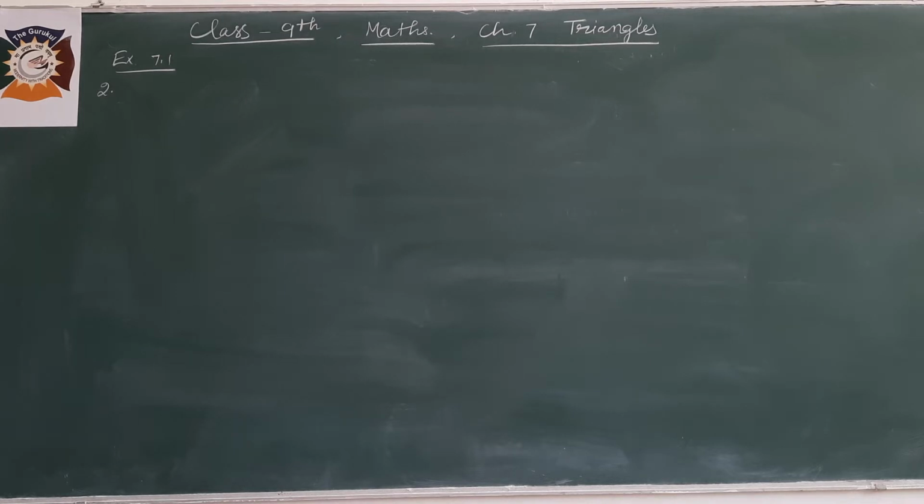Some of the questions I will explain and the rest of the questions you will try. ABCD is a quadrilateral in which AD is equal to BC.